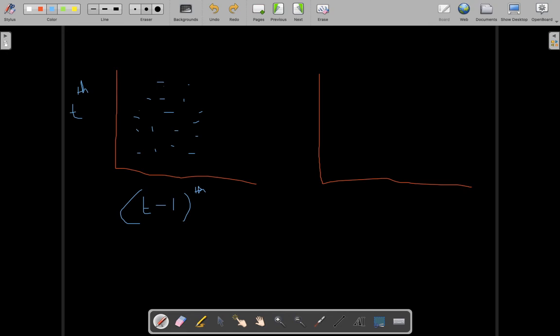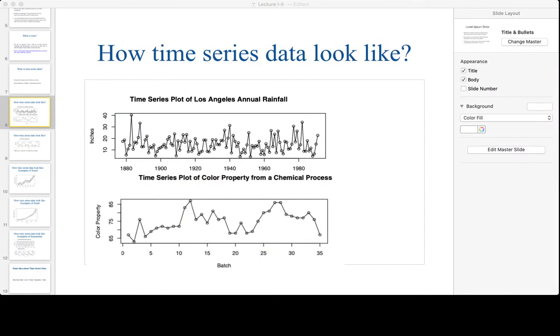We'll provide this data and you can do it yourself. In the second diagram, we plot the chemical property, the color property of the batches.